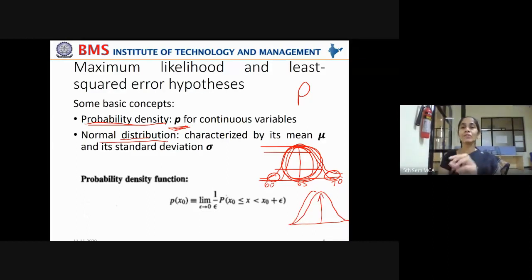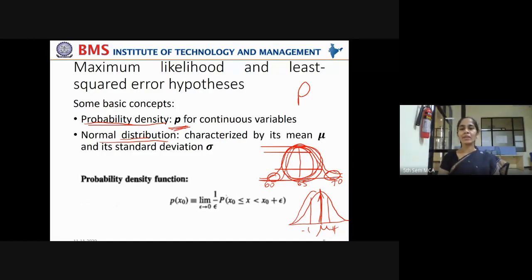This is called normal distribution. That is also an inverted bell curve. Now this is characterized by its mean mu, which lies here, and its standard deviation. Okay, this is called normal distribution.